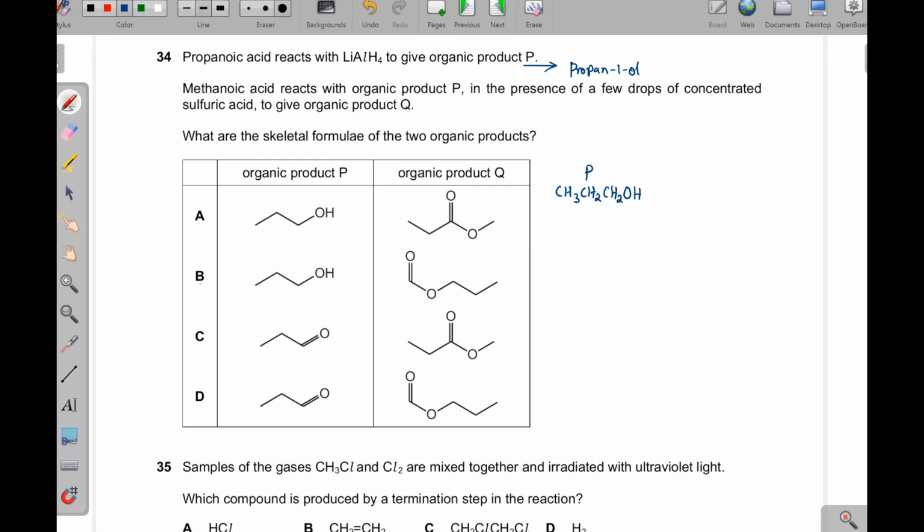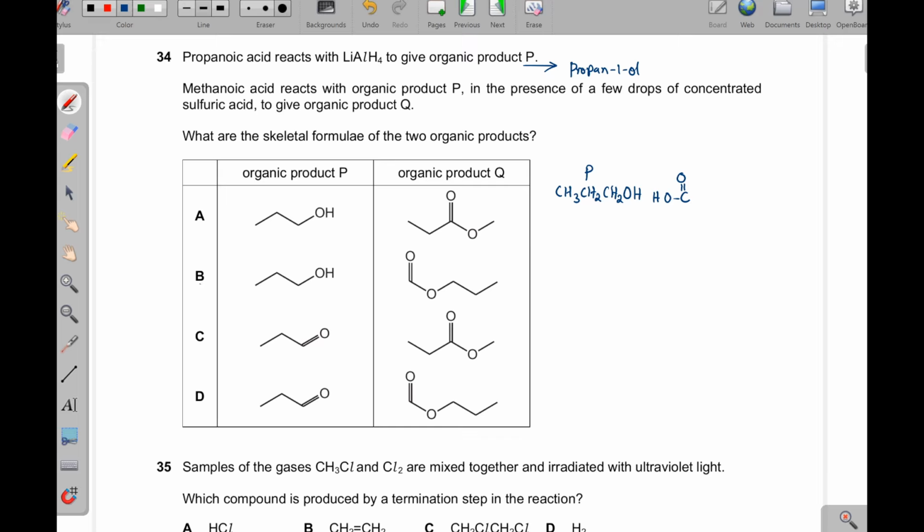This is our P, plus methanoic acid, HCOOH. Let me just put it like this. If I have the carboxylic acid, we have an OH here.